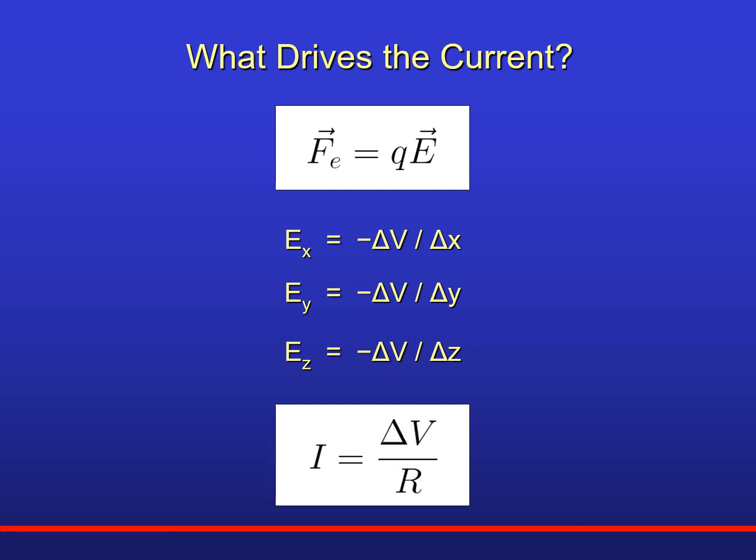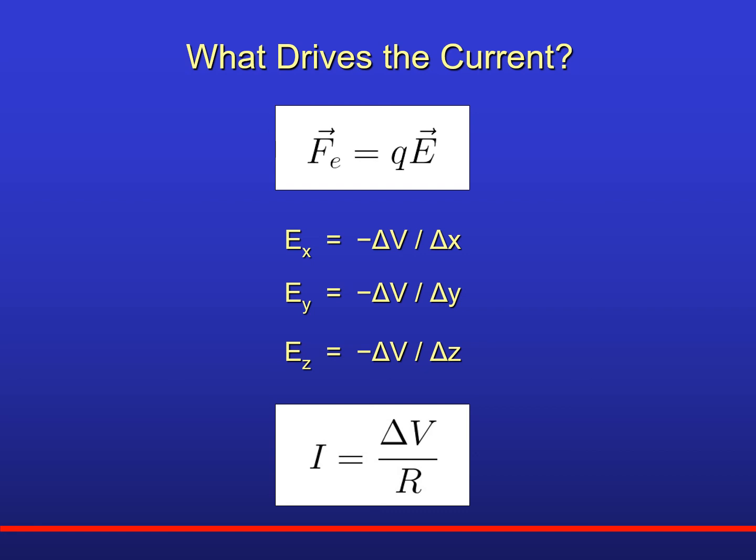Do not think of delta V as a force. That's why I like this slide. In the past, sometimes delta V was called electromotive force. No. Look at the relationship here. Delta V contributes to the electric field. Electric field times charge gives you the force. So that's the relationship between potential difference and force.